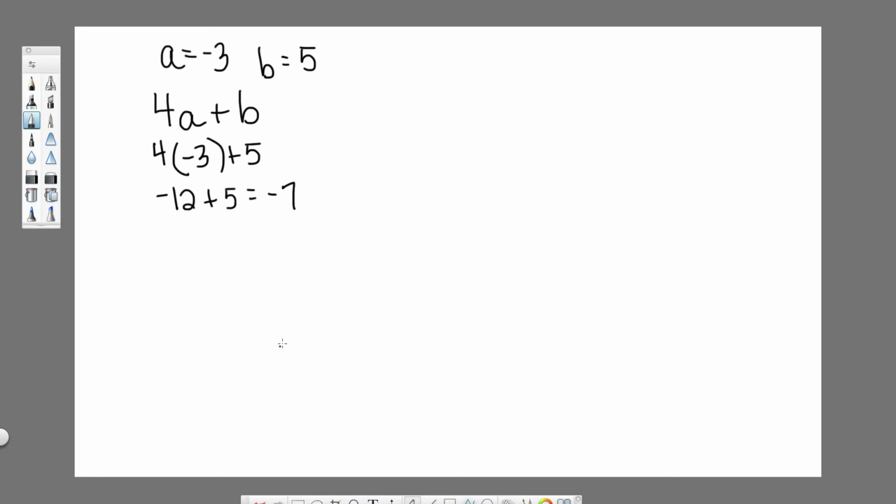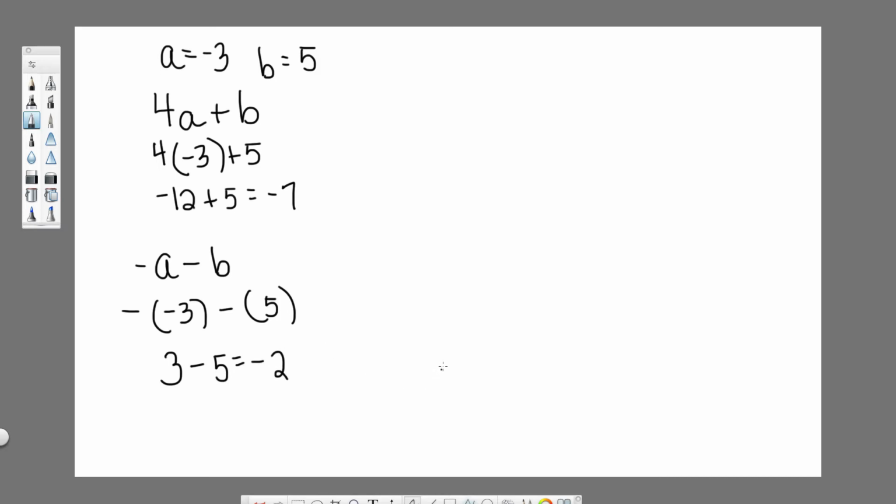Second problem said to take the -A minus B. Again, I'm going to substitute in for A, and I'm going to replace it by -3. I'm going to substitute in for B and replace it by +5. Well, the opposite of a negative is a +3, or a negative times a negative is positive. Then minus 5 gives me -2.